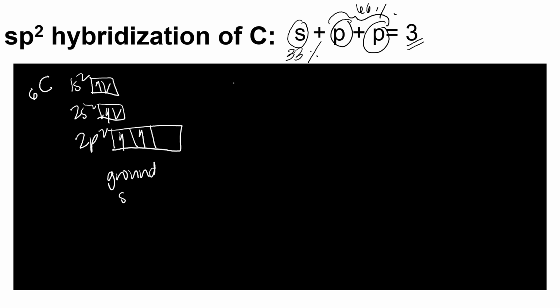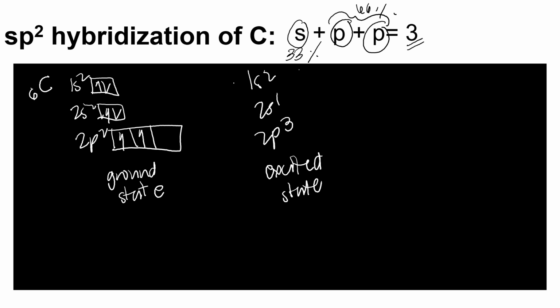So again, we just rewrite it in excited state. You have 1s2, 2s1, and 2p3. So this is again fully filled. This has 1, and you have here your x, y, z, 2 p's.